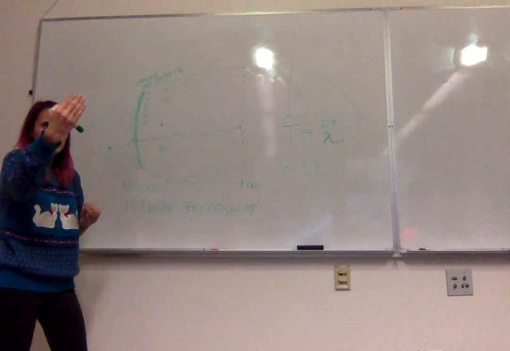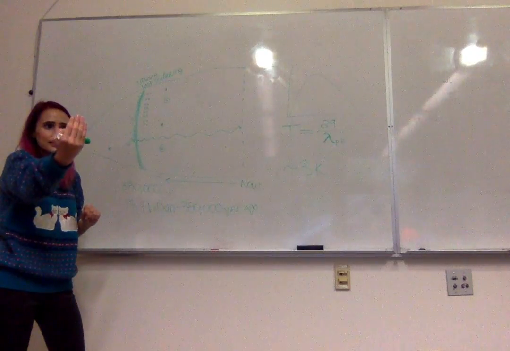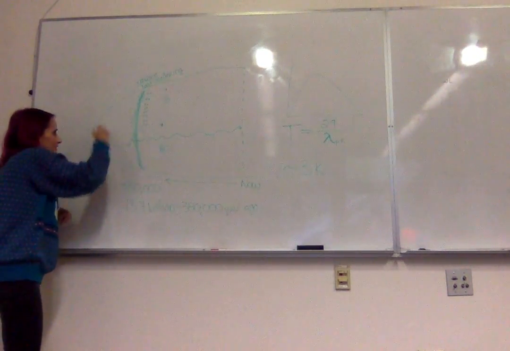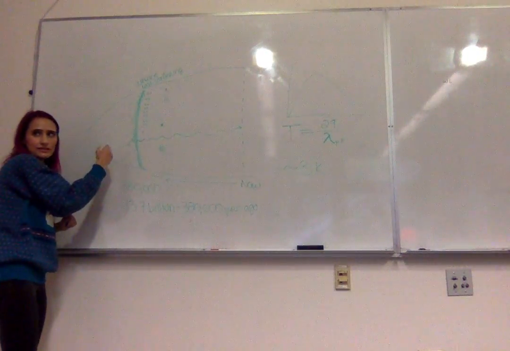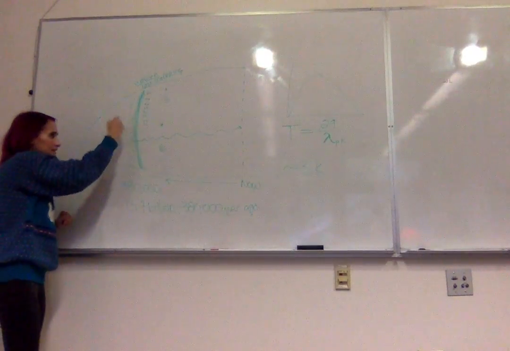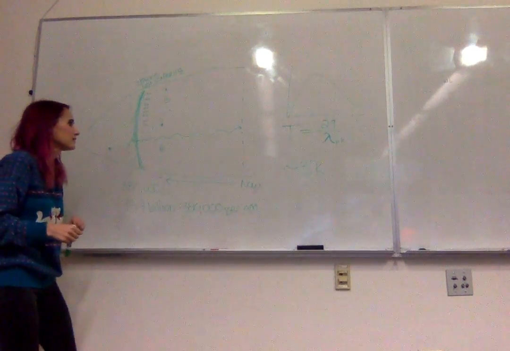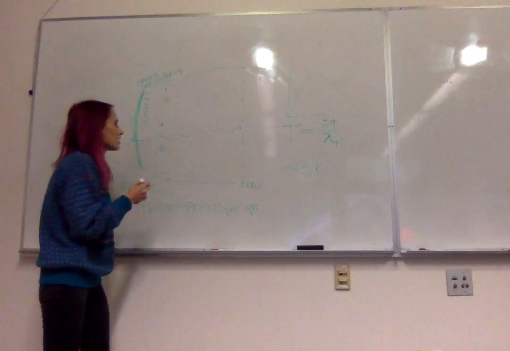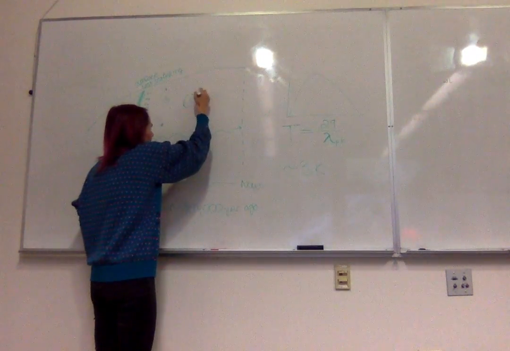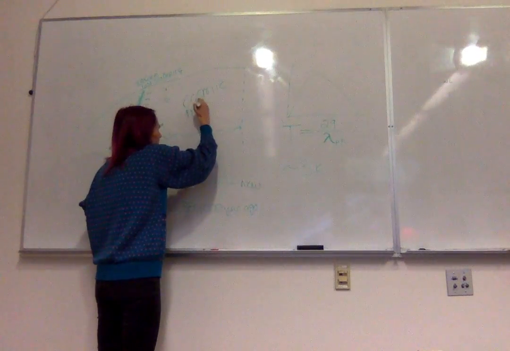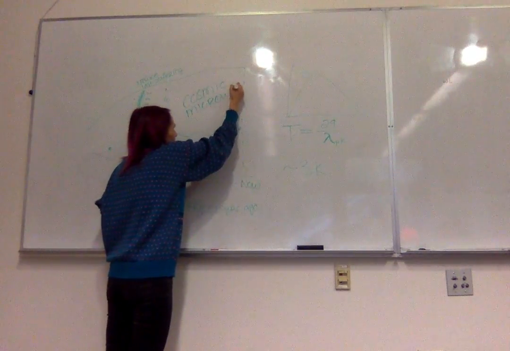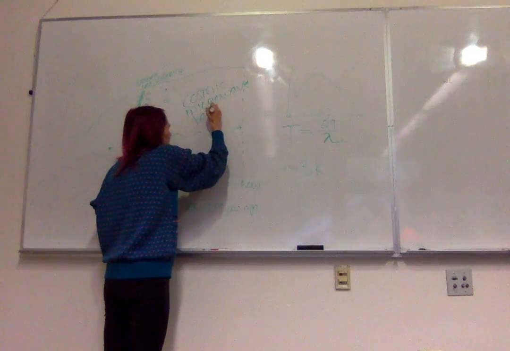It's the farthest thing that we can see, right? It blocks anything that happened back in this time. The light gets scattered before it gets to us. Right, so this is the cosmic microwave background.